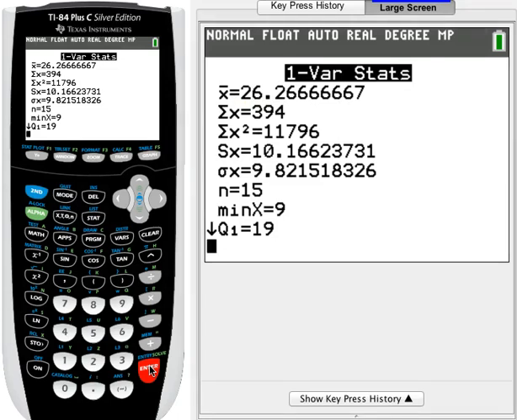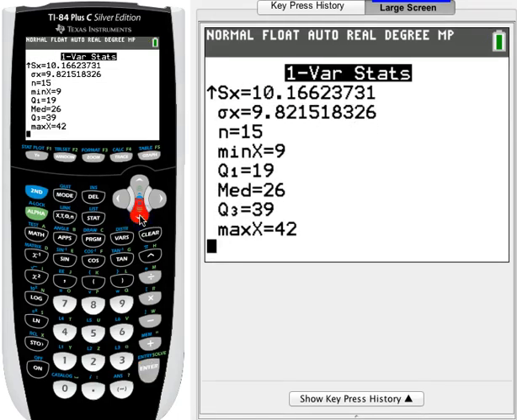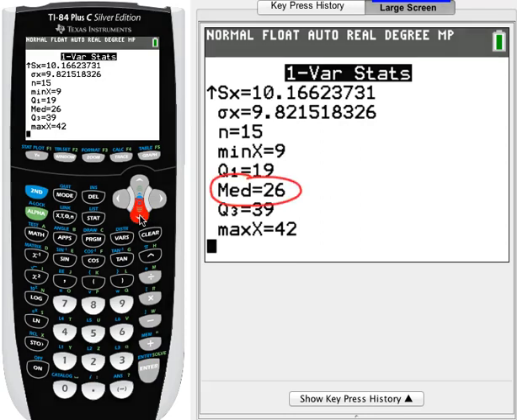Let's scroll down and see. Oh, and it also got the median for me. Again, very useful to know how to do this on the calculator when you're dealing with bigger data sets, so you're not sitting there number crunching. It'll do it all for you in that one variable stat command.